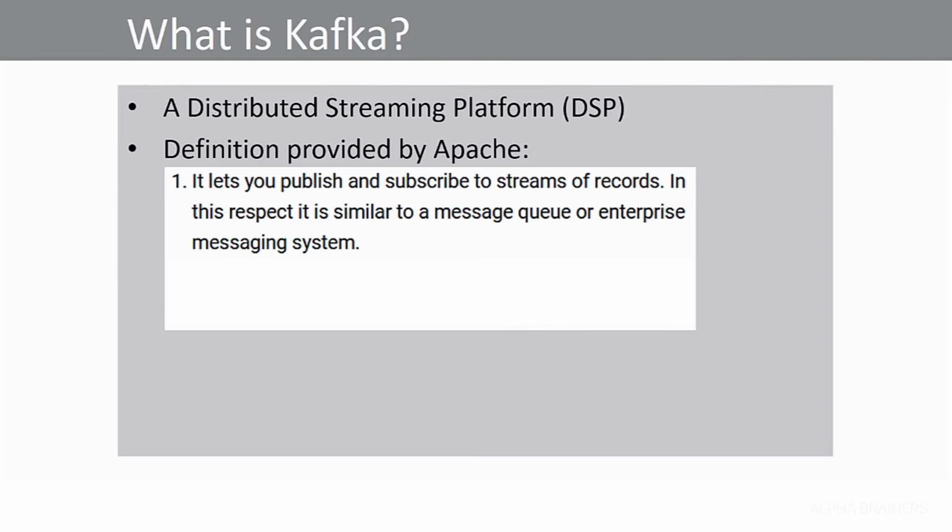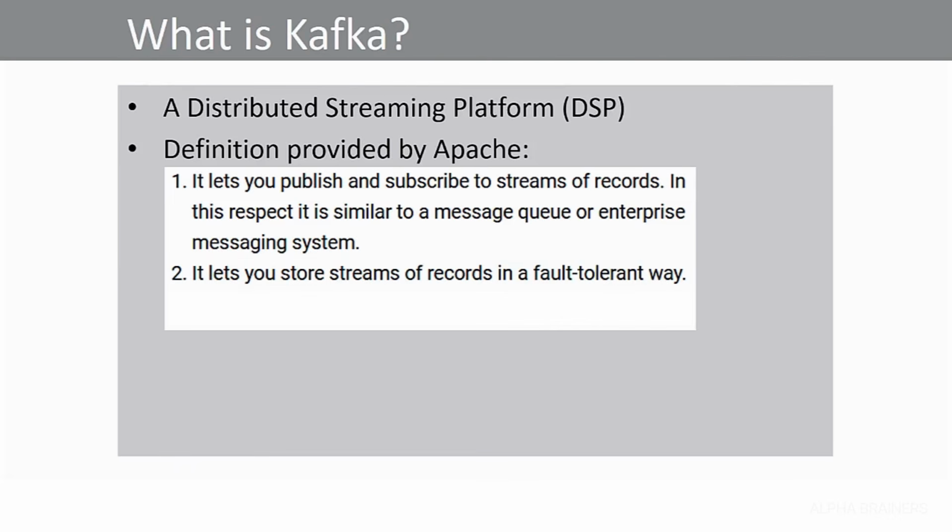Although inside of Kafka, we don't normally use the term publish and subscribe. Instead of publish, we normally use the term produce. So we have producers that basically create streams of records or messages. And instead of subscribe, we normally use the term consume. So we have consumers that are designed to receive the streams of records. So it's much like a message queue or enterprise messaging system, as they point out in the first definition point.